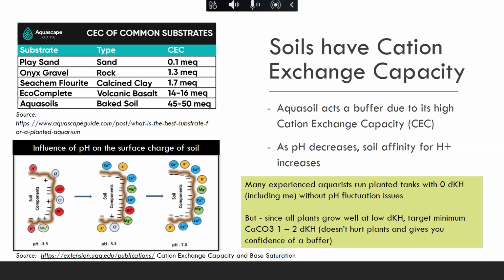I don't think you need it, but if you've had some horrible catastrophe that caused a lot of base or a lot of acid to be generated in your tank, maybe you would want that extra buffer of having a little bit of KH in your tank. So as a recommendation, aiming for something low, 1 to 2 DKH, is probably a pretty good idea.